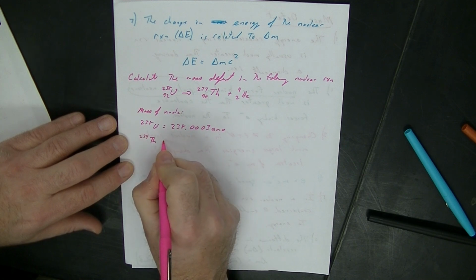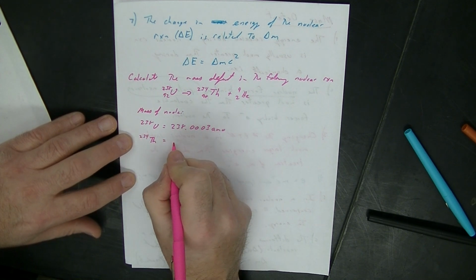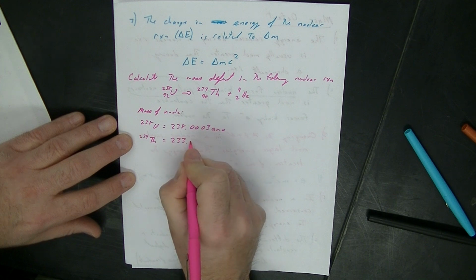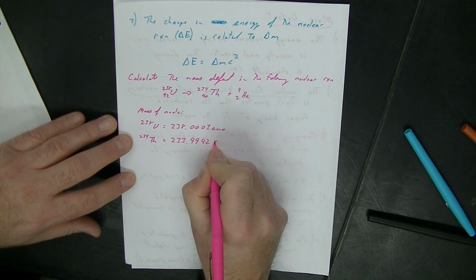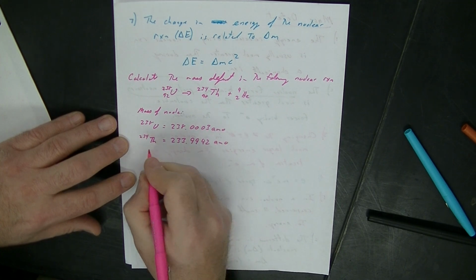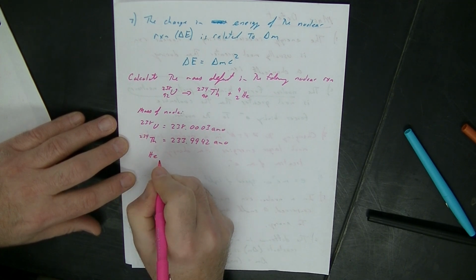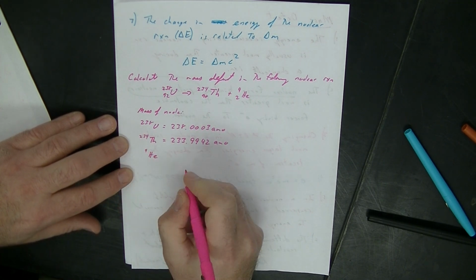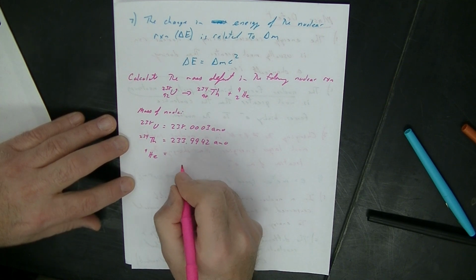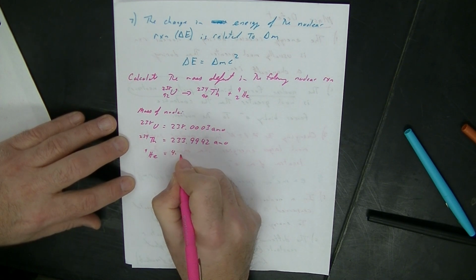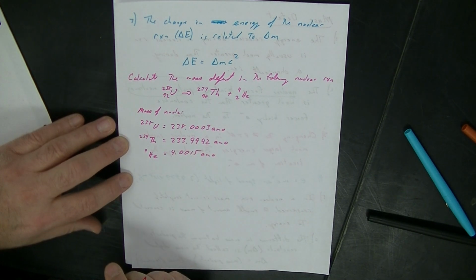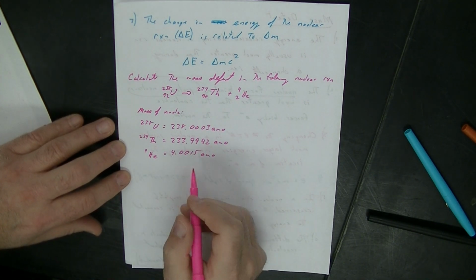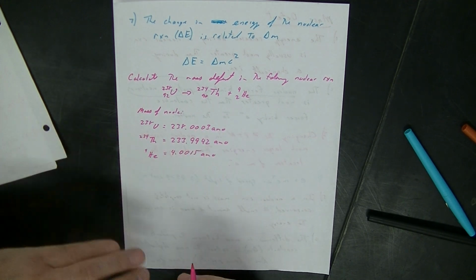Thorium-234, its actual mass is 233.9942 AMUs. And helium, its exact mass is 4.0015 AMU. So we look those up, we have them.